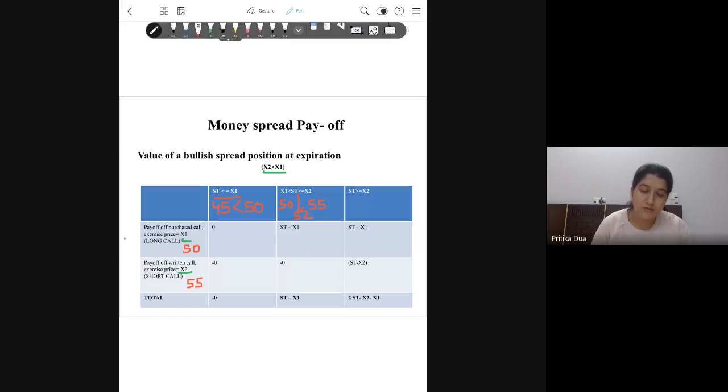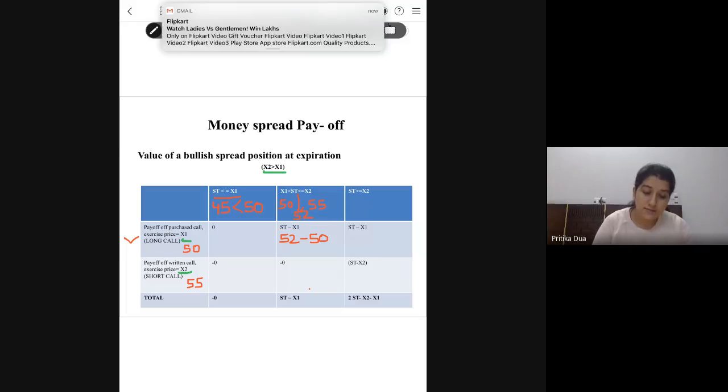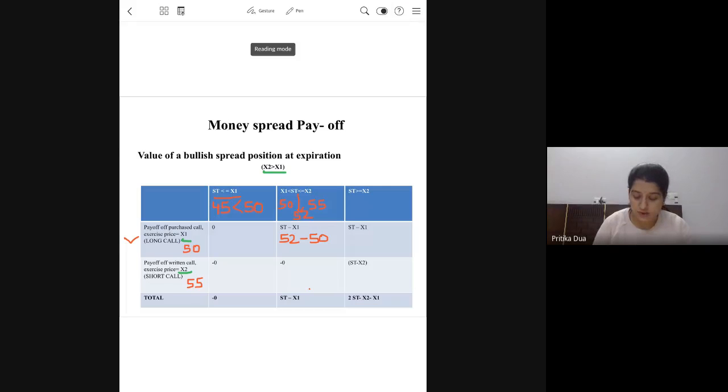Your payoff, the intrinsic value of the long call, is ST minus X1, which is 52 minus 50, rupees 2. But your short call, where you are the writer of the option, will expire worthless as the holder will not demand you to perform this call option contract. So your ultimate value of the option will be plus rupees 2.